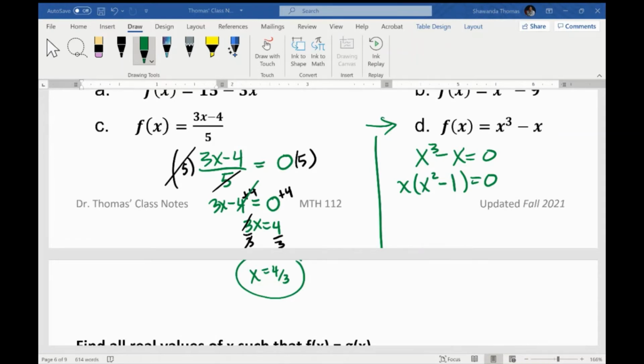Someone other than Alicia and Zoe, what would be the next step? Factor it again. Where would you factor, Nakiria? The x squared minus 1. Very nice. Someone tell me, what would be the factors of x squared minus 1?